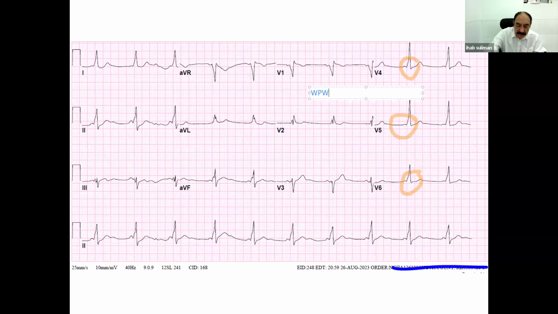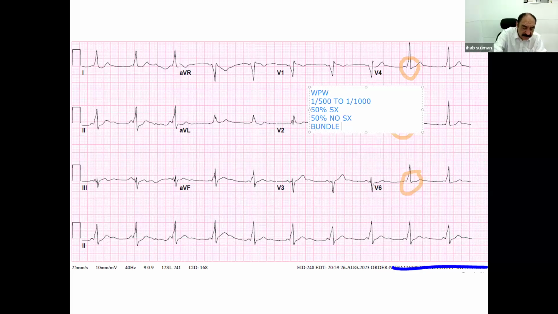So WPW occurs in like 1 in 500 to 1 in 1,000. 50% of the patients have symptoms, 50% of the patients don't have symptoms. And they have an abnormal bundle of Kent. This is a question for the USMLE.